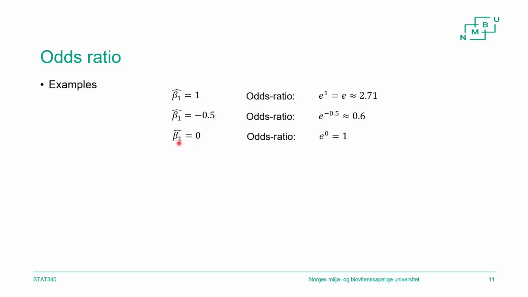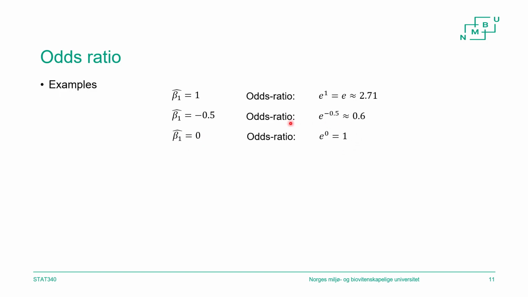And also, of course, if beta 1 is 0, it means that the odds ratio becomes 1 and the probability doesn't change. If you move along the x-axis, the probability of the target class doesn't change. That's what an odds ratio of 1 says, a beta 1 of 0.